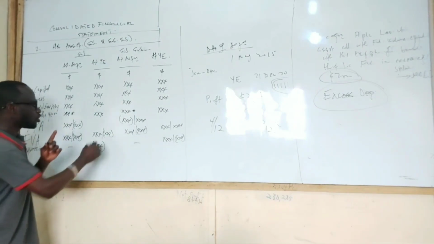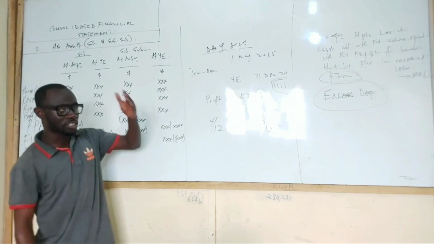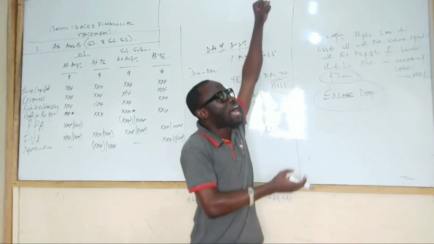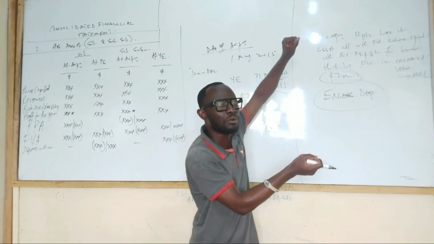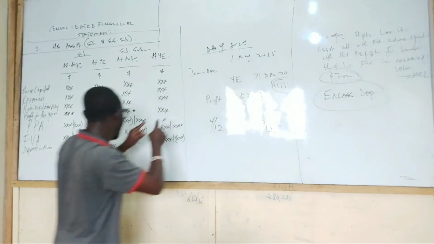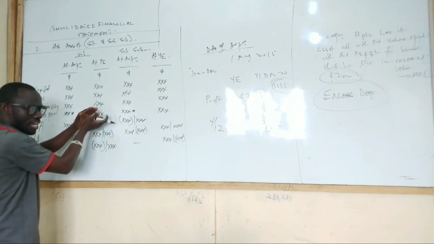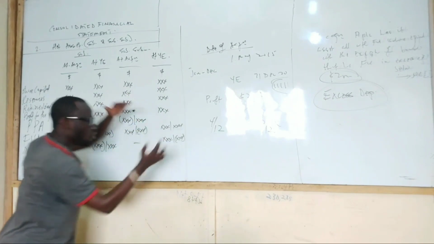Please note that the excess depreciation I'm talking about here could be a positive or what? A negative. Assuming they are carrying the assets above its fair value, meaning they had charged depreciation more than what they are supposed to charge. So in that case, we would rather add it back. If it is excess, we subtract. If it is below, we add it back.